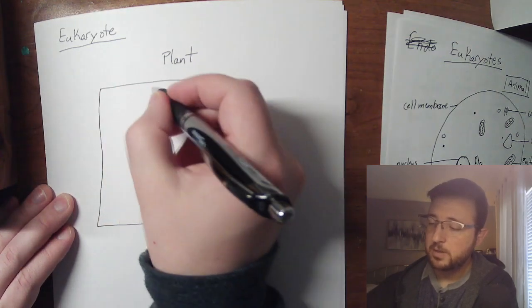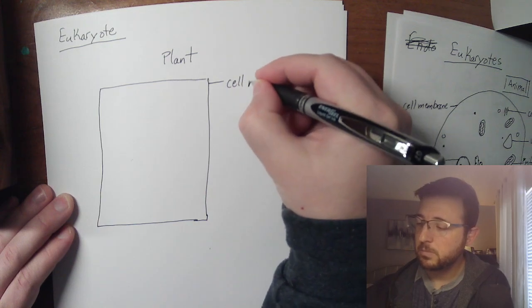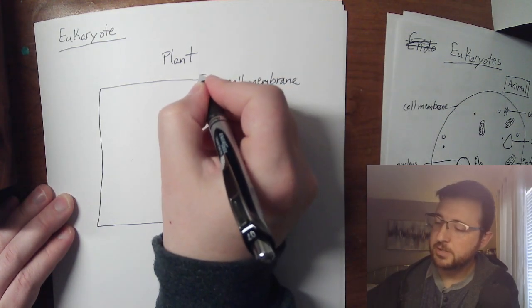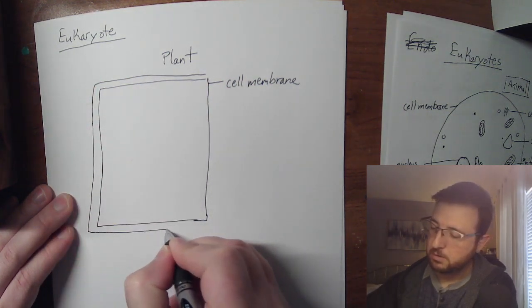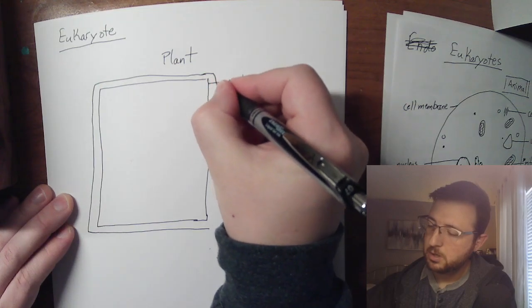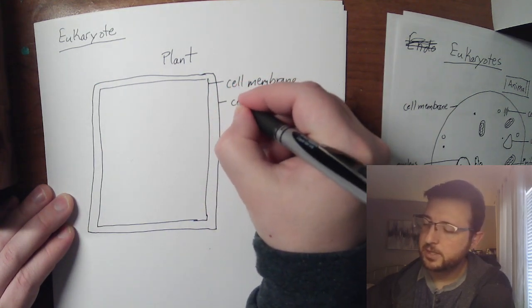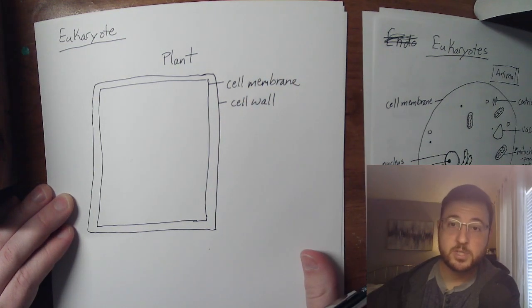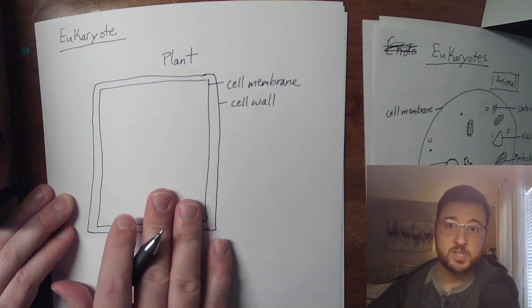Big rectangle. This is our cell membrane. And just outside of that rectangle, draw another rectangle. This other rectangle is the cell wall. Notice, animal cells did not have cell walls, but plant cells have cell walls.